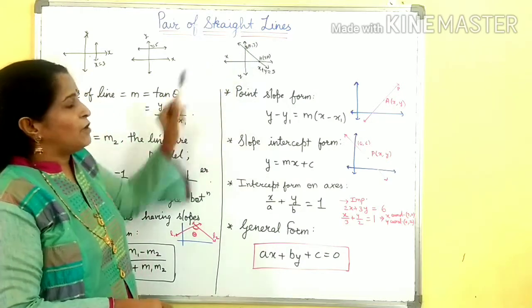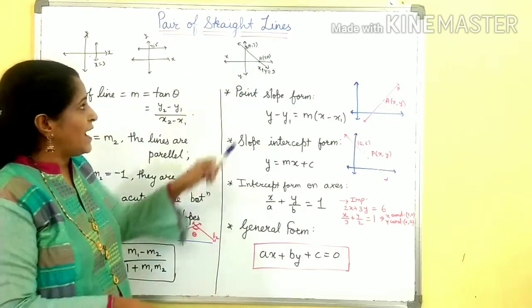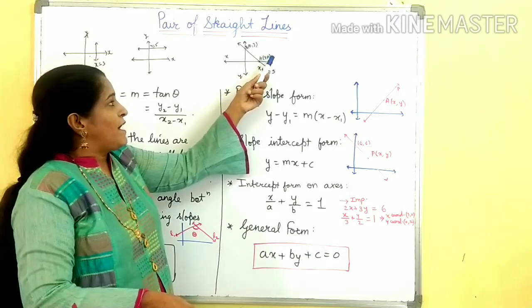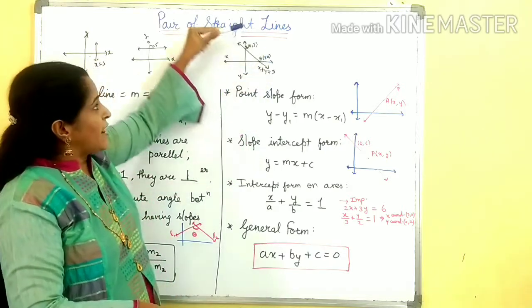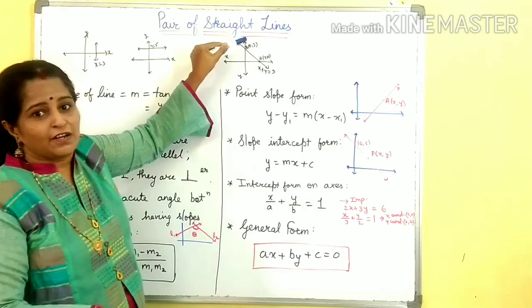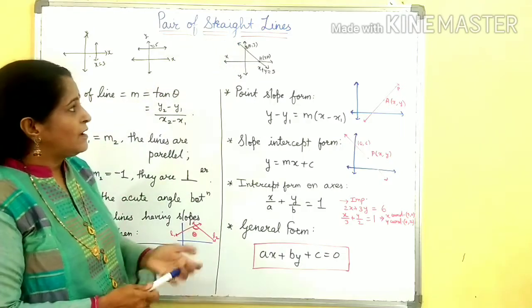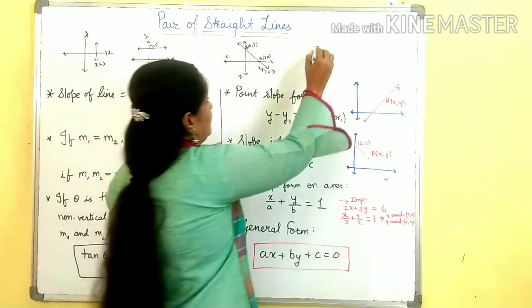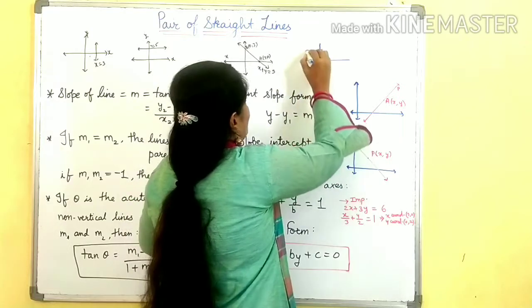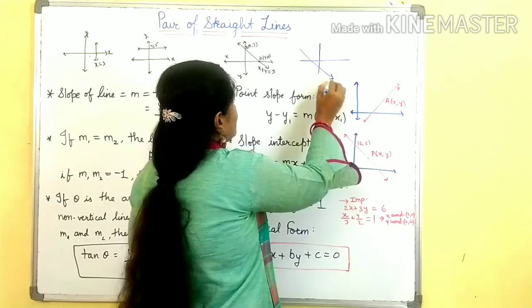Here we all know about the coordinate axes. At the x axis the y coordinate is always 0, and at the y axis the x coordinate is always 0. In a similar way, we can draw lines of this type also.